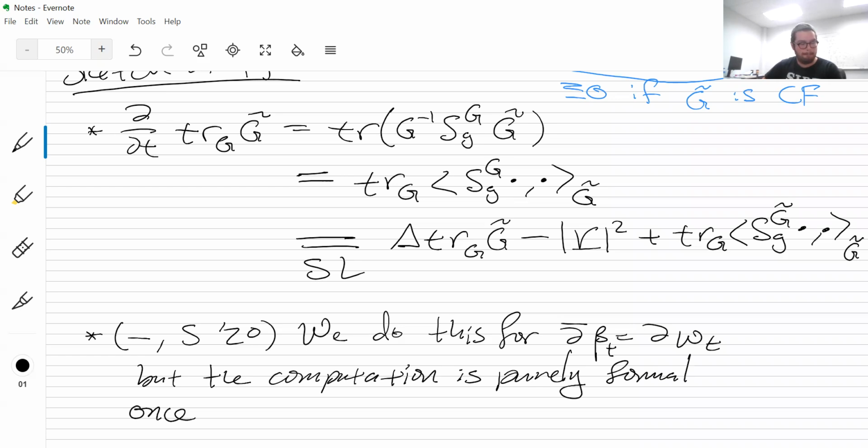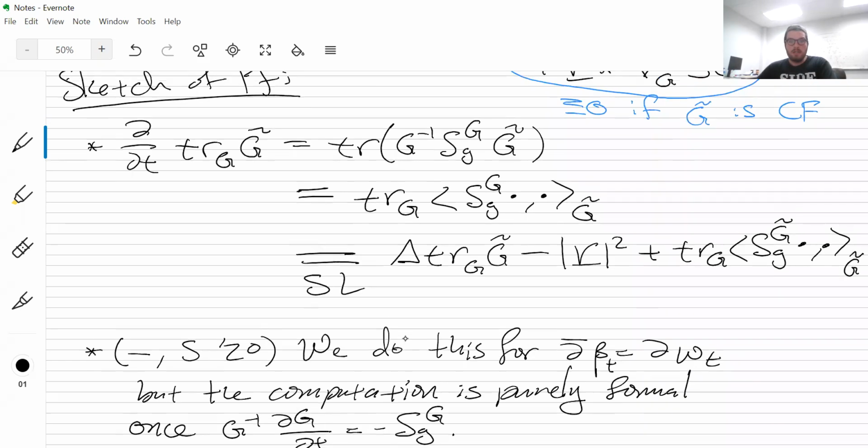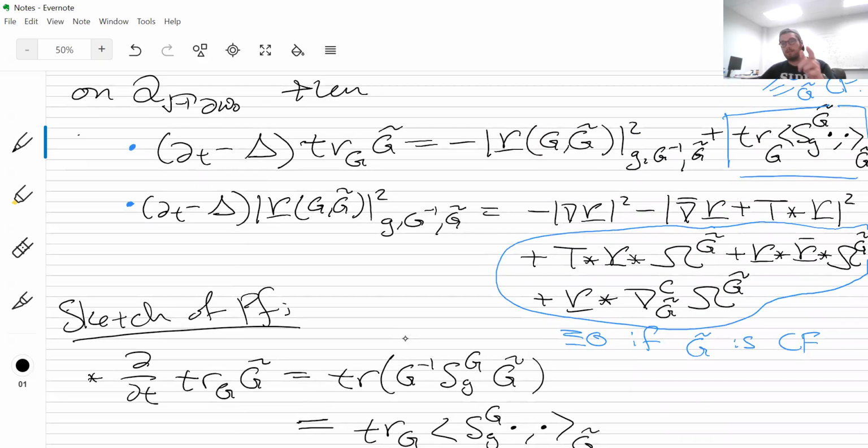Once you have the evolution equation in hand, the computation goes through exactly the same way. So we have these evolution equations that are really handy for us. Though it's a little unclear why they're handy, because we're trying to get a priori estimates on little g and beta.